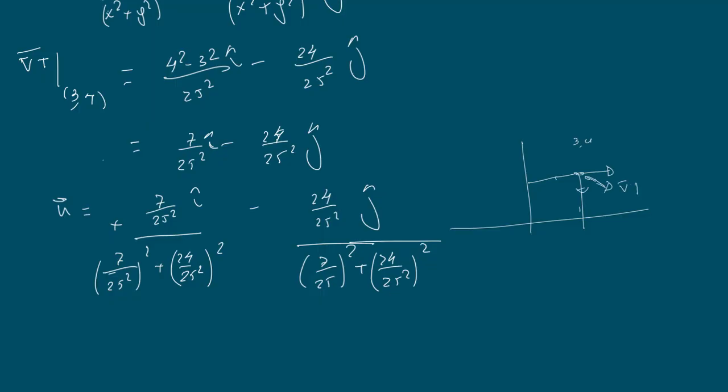So this is the direction of the gradient of T, and this is the direction in which the insect will move on the first step from (3, 4).